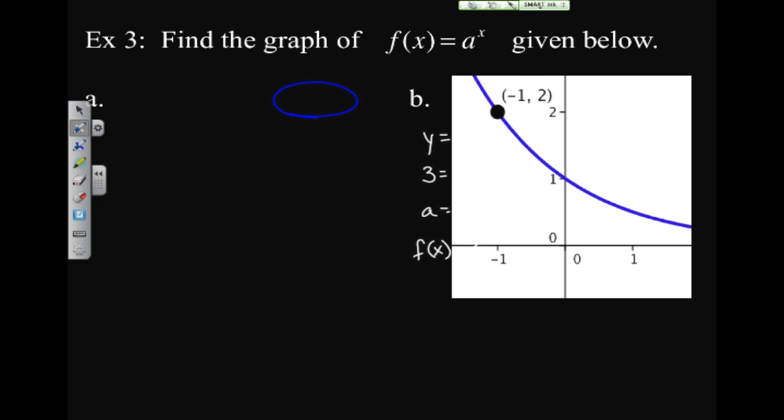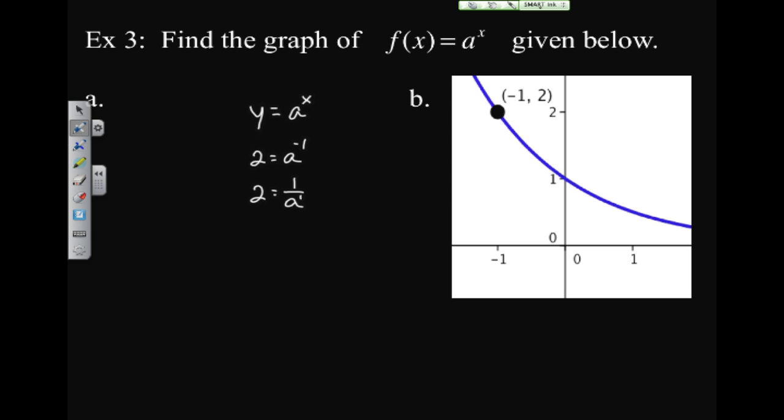Now looking at this one, we've got a different ordered pair given to us. So once again, we've got y equals a to the x power, but this time our y value is 2 and our x value is -1. Now remember what the -1 does. It makes it 1 over a to the first power.